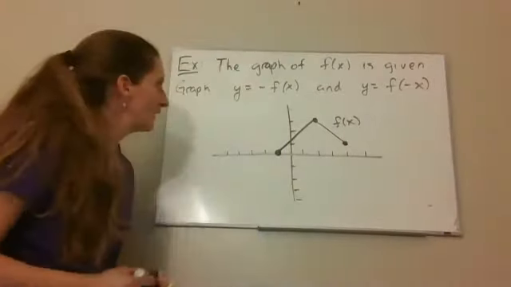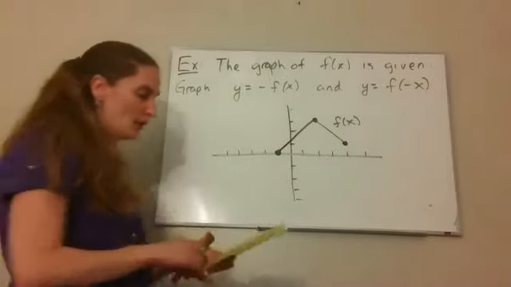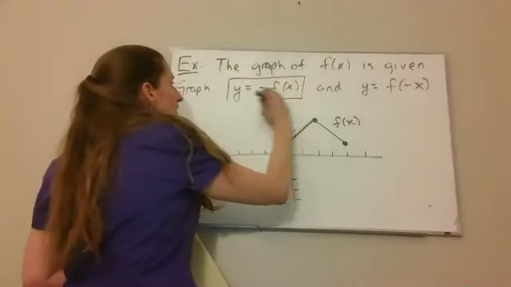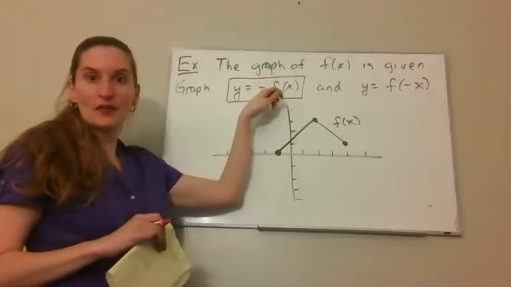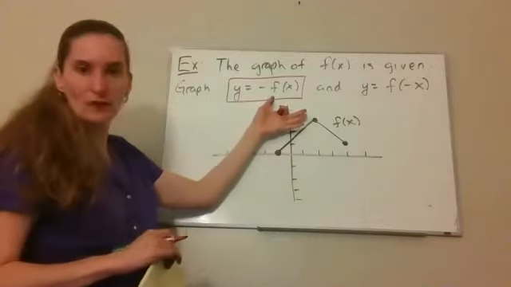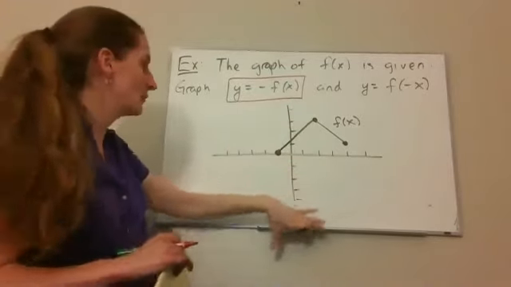So let's take care of y equals negative f of x first. I'm going to graph that one in red. So the negative f of x, remember, that is a reflection across the x-axis. So I'm going to take this graph and imagine folding it over this x-axis, and it's going to appear down at the bottom.